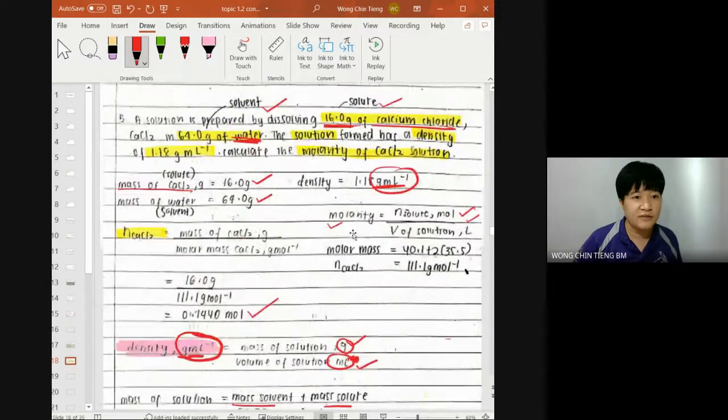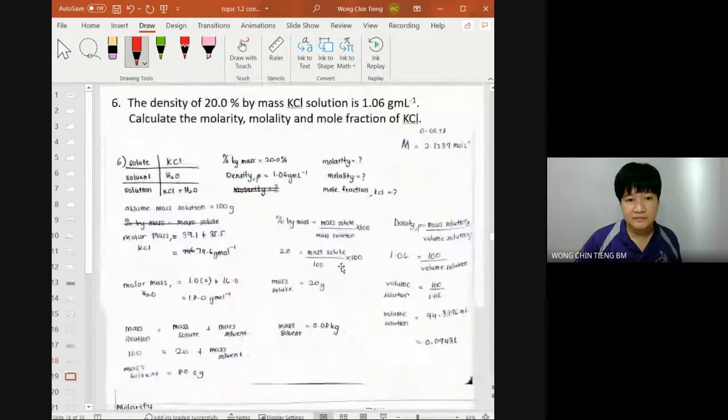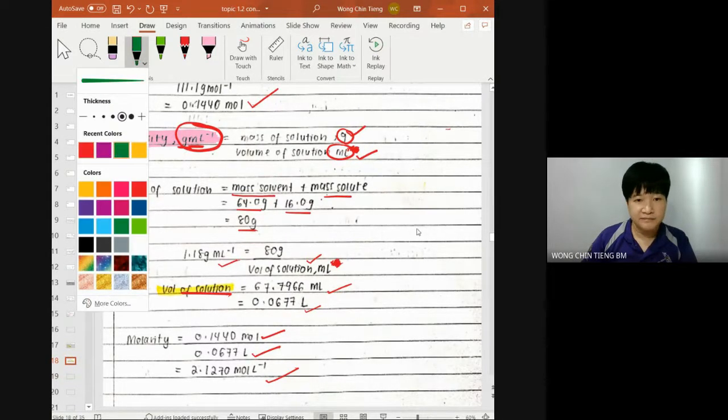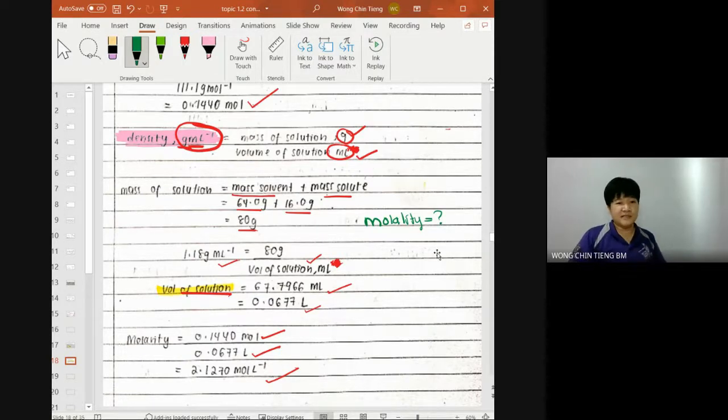So, on top of this question, saya nak molality. On top of this question, I want molality. Senang je, kamu ada semua benda je. 2 minit, 2 minit boleh dapat.